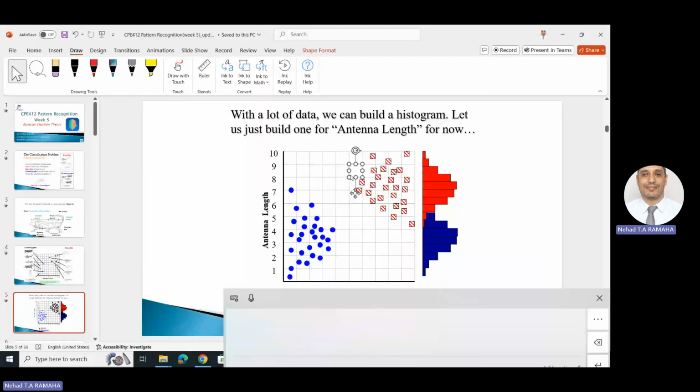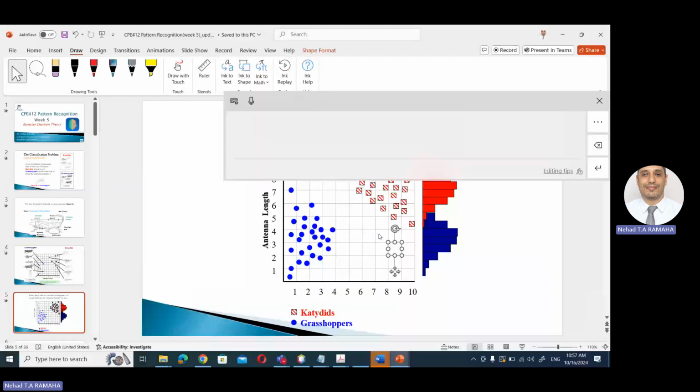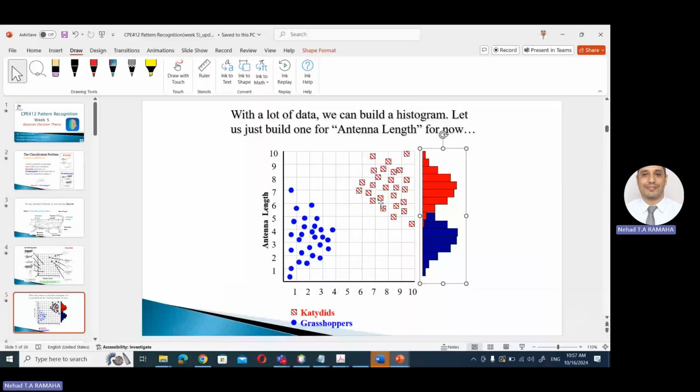It's not the whole shape, but you can imagine it flat like this, because we look only at the antenna. So this one, what's the length, or how many do we have? One with antenna length 1. We have here 1, 2, 3 with antenna length 2. We have 1, 2, 3, 4, 5 with antenna length 3.